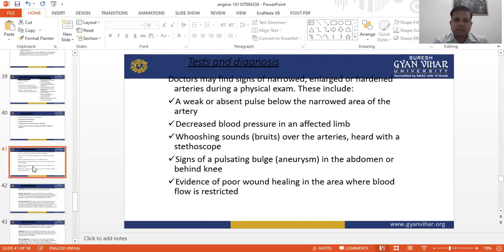Tests and diagnosis. Doctors may find signs of narrowed and hardened arteries during a physical exam.